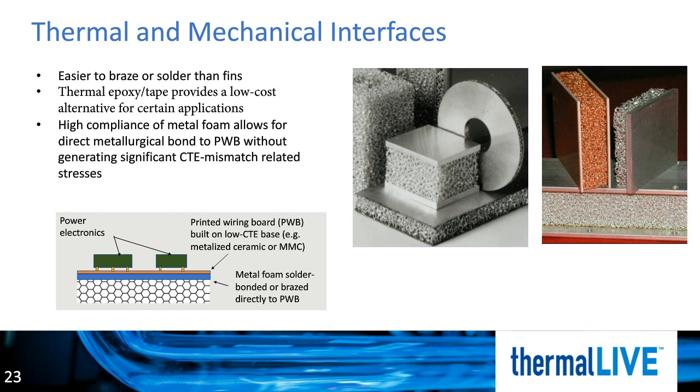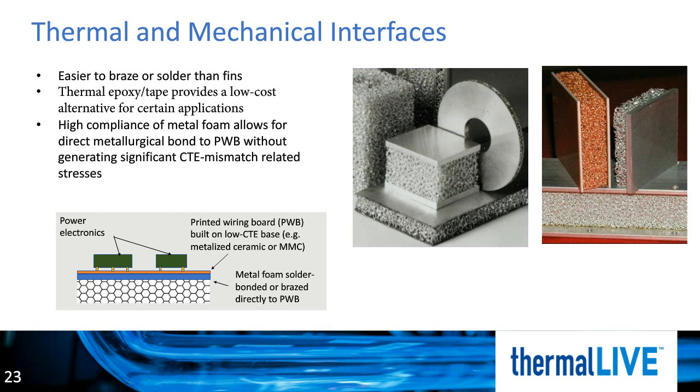On the other hand, for applications where every degree matters, the unique characteristics of metal foam create opportunities for eliminating the highly resistive thermal interfaces of soft materials, including thermal pads, pastes, and thermal epoxies that are commonly used to couple discrete electronic devices. Metal foams have a very high effective compliance.